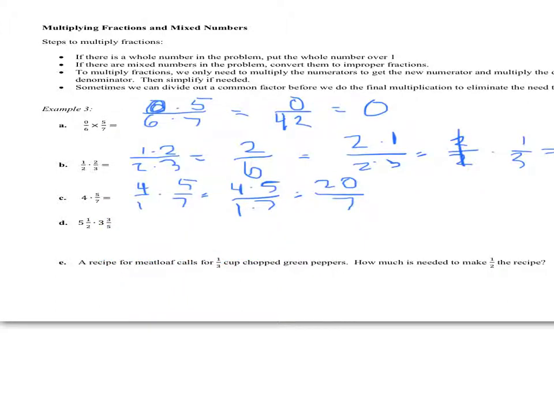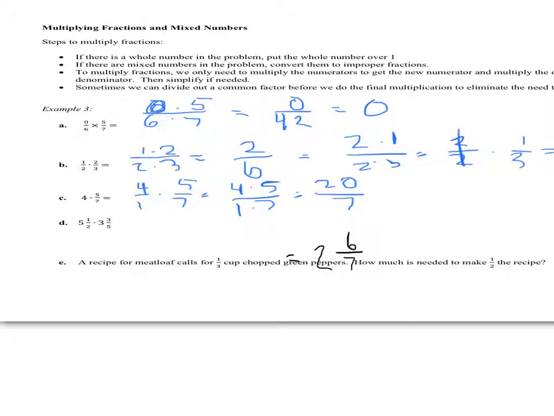Now we can leave that as an improper fraction, 20 over 7, or we can convert it to a mixed number, which would be 7 into 20 would be twice, with 6 left over. So as a mixed number, that's 2 and 6/7.